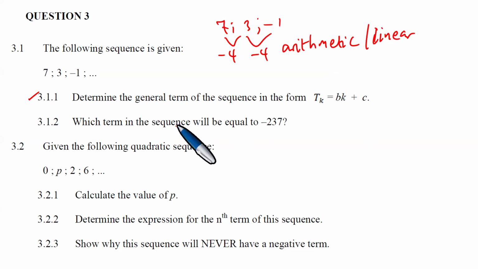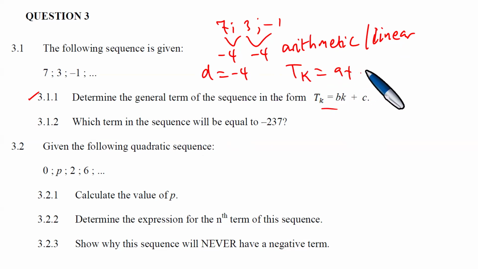Then we calculate the general formula in terms of k. You're going to use Tk equals a plus k minus 1 times the common difference. What is the first term? 7.